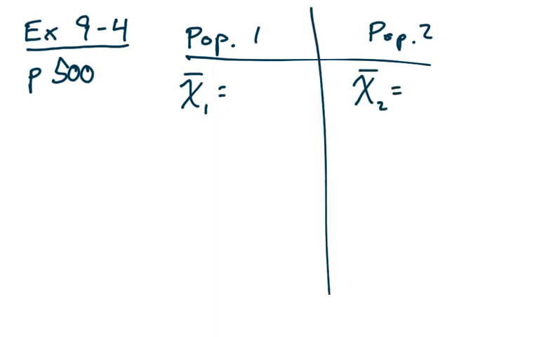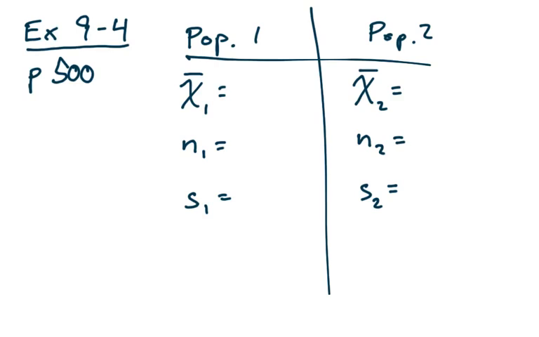I'm going to collect this information. We've got two different sample sizes, so we have n subscript 1 and n subscript 2. And then we're going to see s subscript 1 and s subscript 2. So when reading the problem, I'm going to make sure to capture all of this information and proceed onward. So let's read the problem.